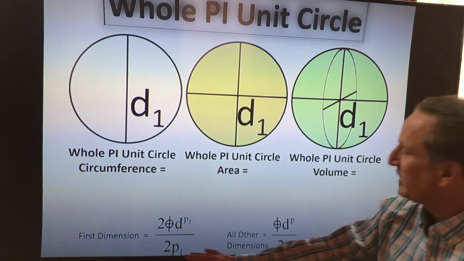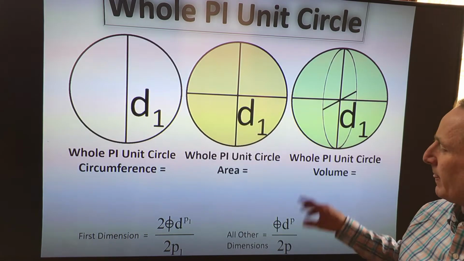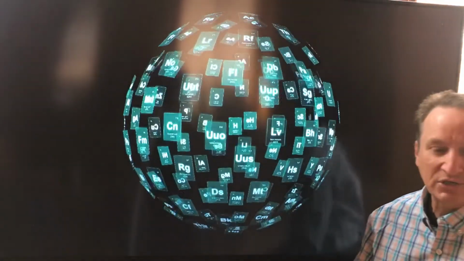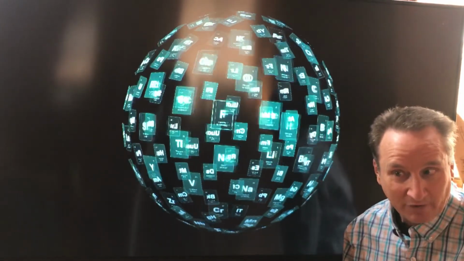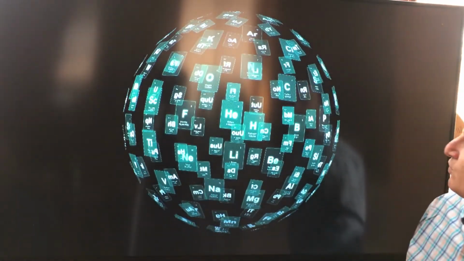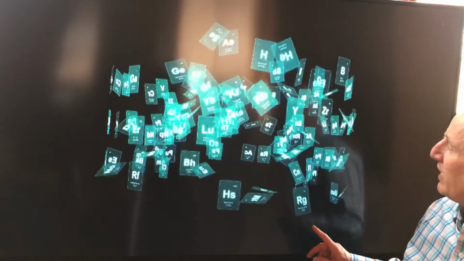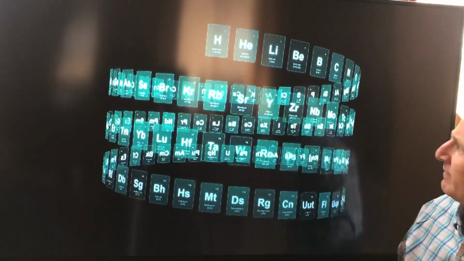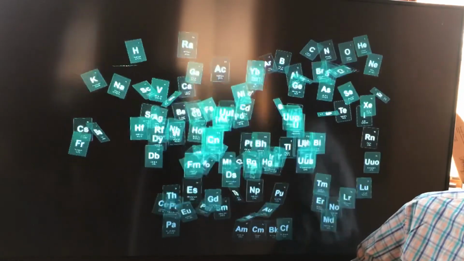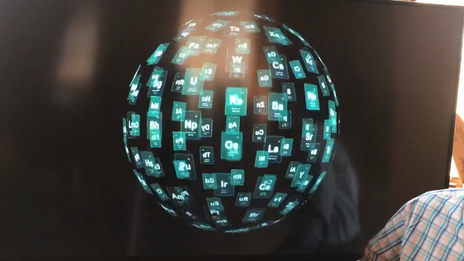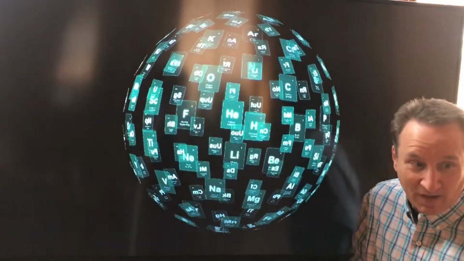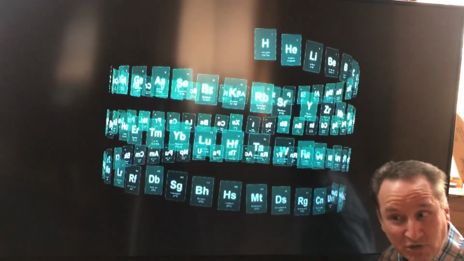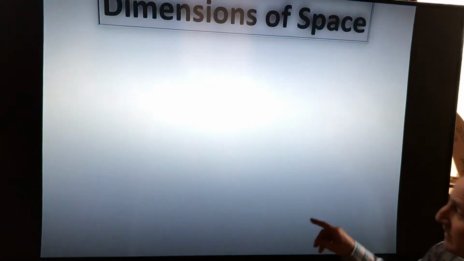So once you see the pattern behind them, then you can start to ask, well, does mass follow the same pattern? And so what we'll do is we'll look at the equations for mass, starting with hydrogen and then helium, and we'll see that they actually also follow the same form of equations as the equations for space that I just showed you.